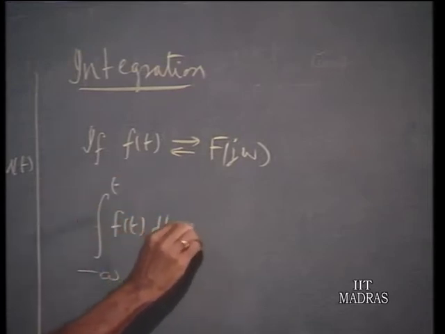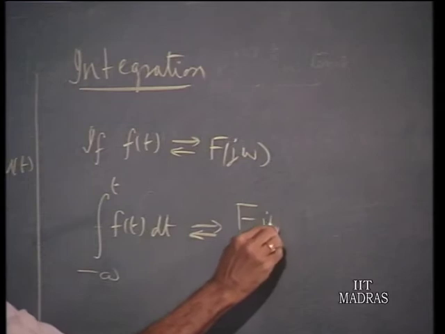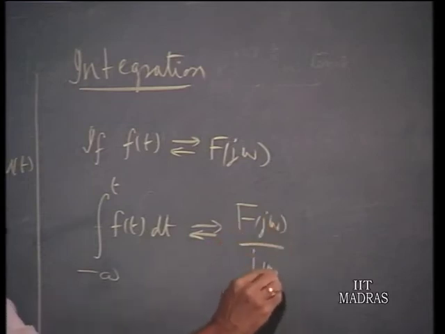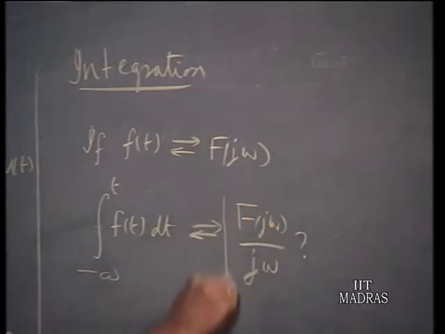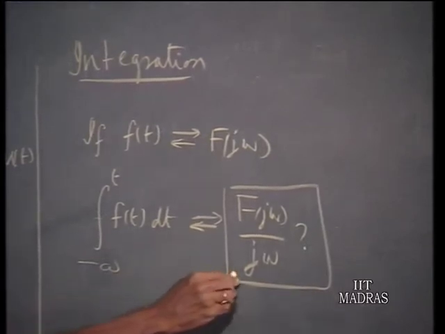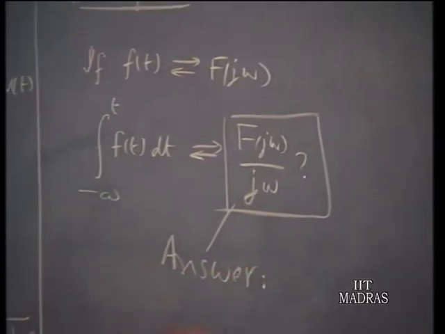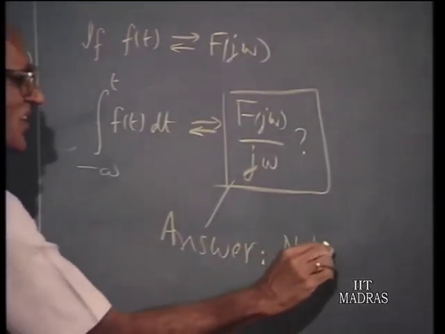What is its Fourier transform? Is this F of j omega by j omega? This is the question which we would like to ask. The answer is not always so.